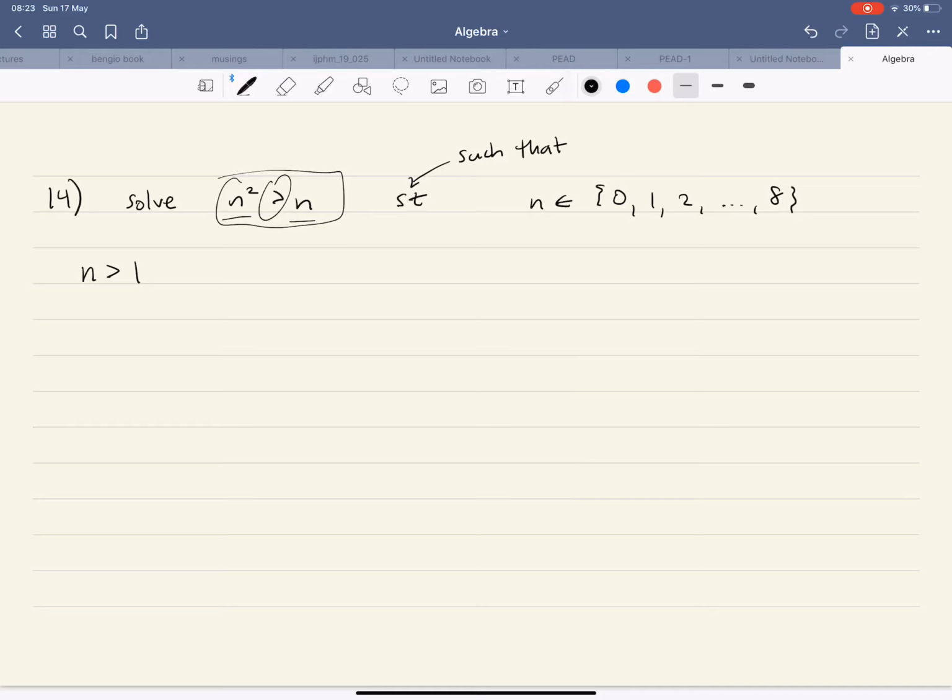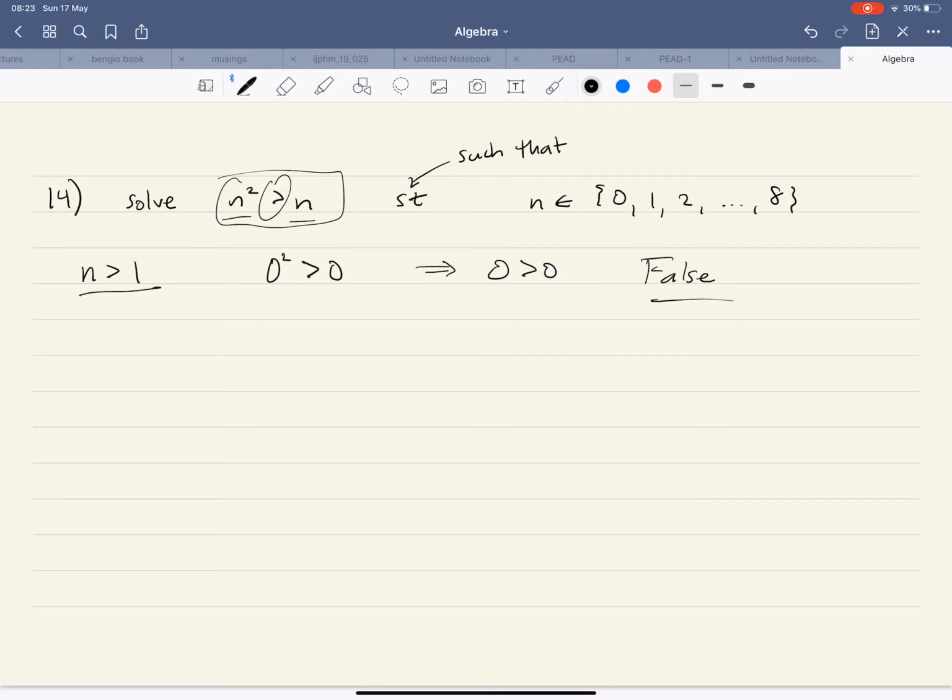And I don't have to worry about division by 0 because if I plug in 0, well, 0 squared greater than 0 is the same as 0 greater than 0. That expression is false. So I know that 0 is not going to be in my solution set, so I don't need to worry about it. That means I can just do my division and wind up with this n greater than 1.